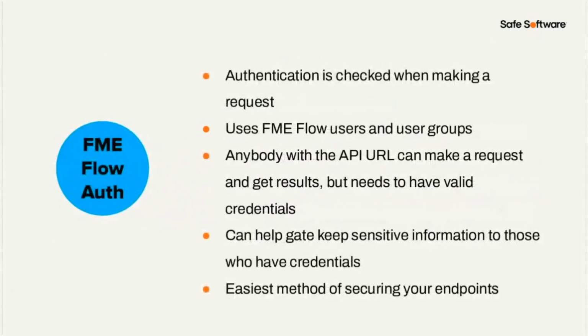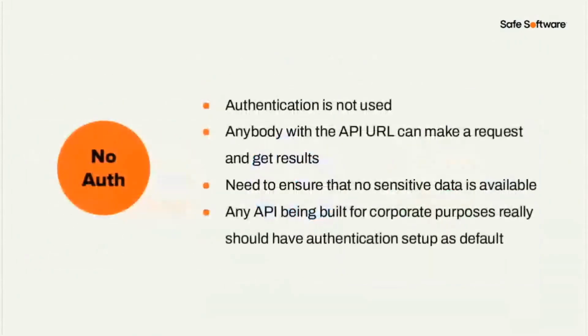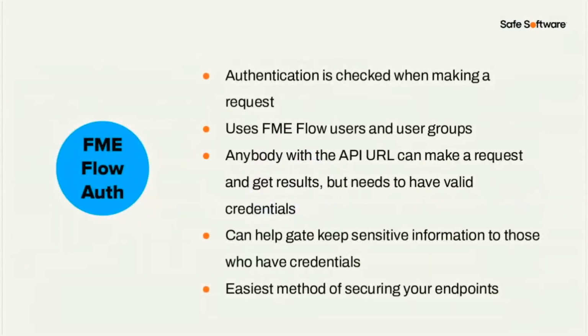Now, let's talk a little bit more about the flow model of using users and roles here. So when you use an authenticated request, and if I jump back here a couple of slides, what that means is your endpoint has an authenticated setting set that requires authentication to access your data. It leverages the FME Flow users and roles setup.